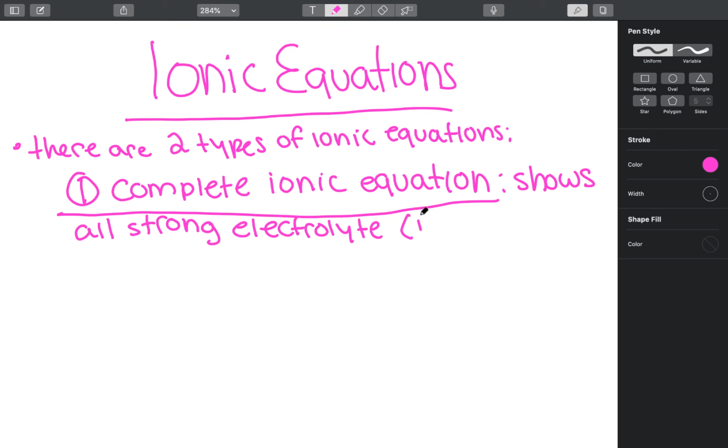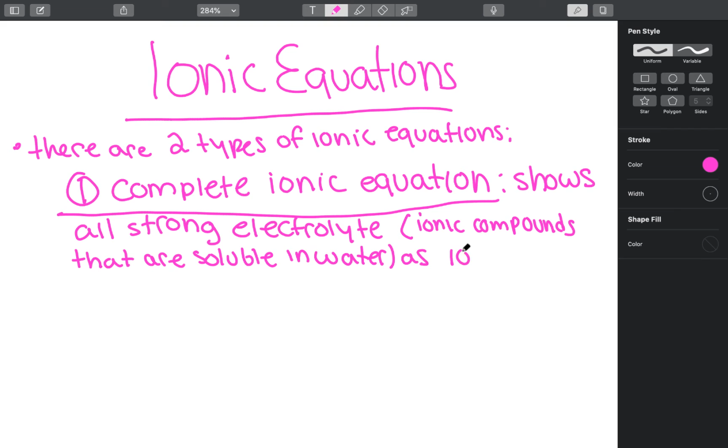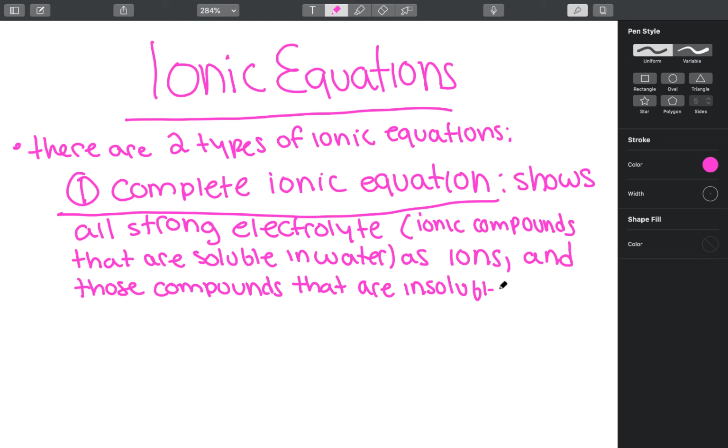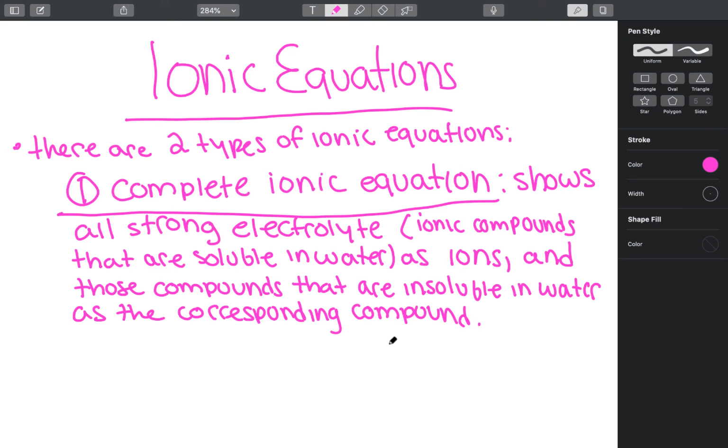So the strong electrolytes are the ionic compounds that are soluble in water as ions, and those compounds that are not soluble in water are shown as their corresponding compound.